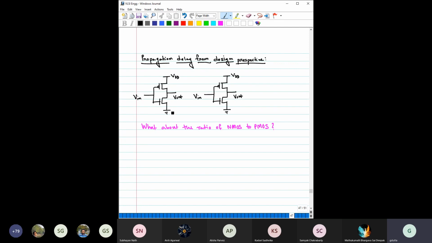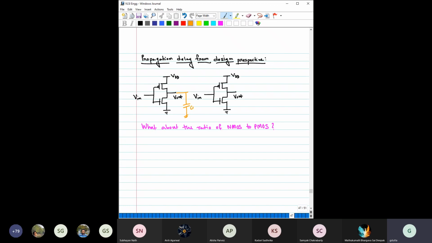Now let us focus on the first one. How do you decide the ratio of this NMOS and PMOS? Just now we have discussed based on the resistance, right? Because we want a symmetric charging and discharging. Suppose you have a load capacitor here.